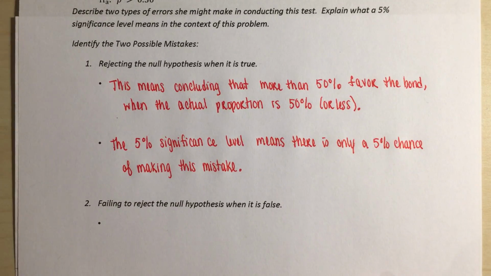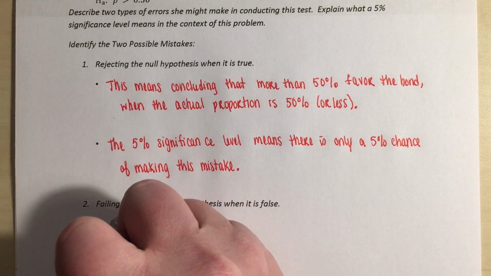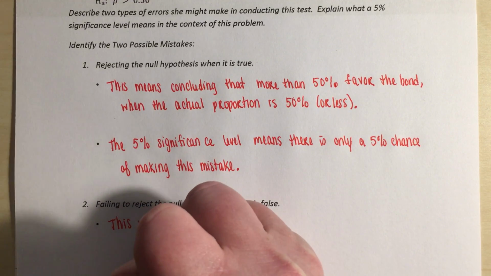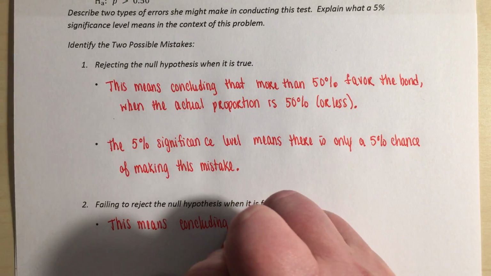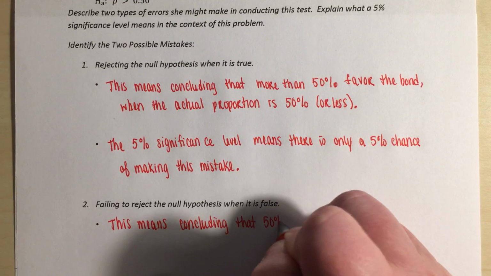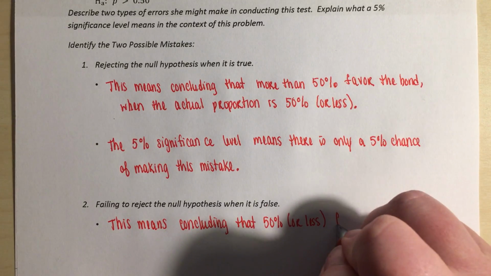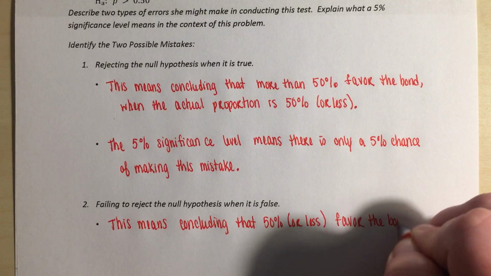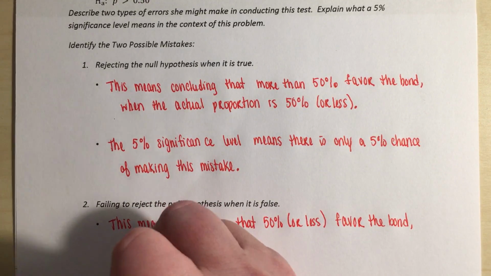The other possible mistake that could be made is failing to reject the null hypothesis when it is false. In this particular scenario, this means concluding that 50% or less favor the bond when the actual proportion is more than 50%.